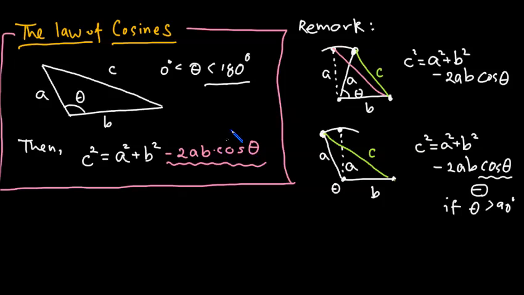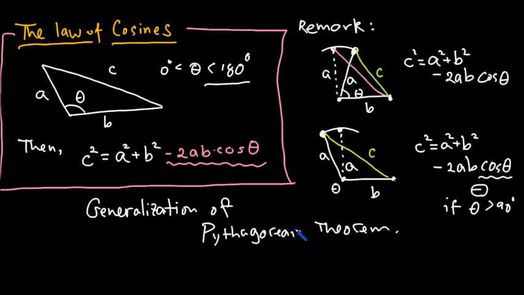The sign of cosine theta takes care of addition and subtraction automatically. I want you to look at this as a generalization of the Pythagorean theorem. So let us take a look at the proof and why this equation is always true.